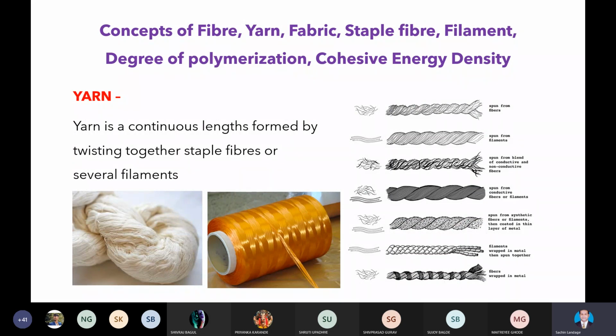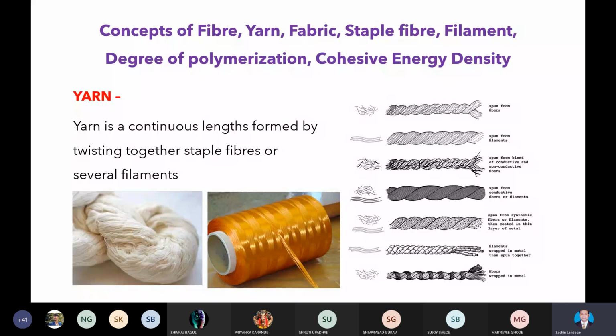Now a simple example I'll tell you. At home, for the lamp, we take cotton fibers and twist them so that we get a continuous strand. We take the short staple fiber and we twist, we spin.